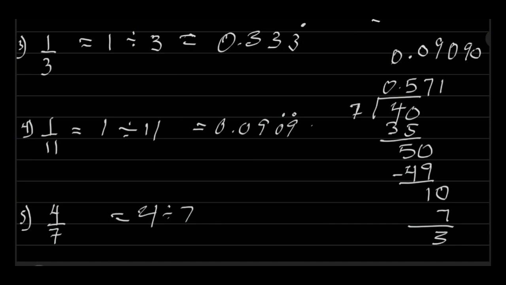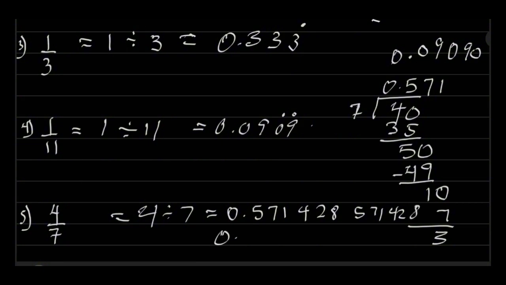We could go on and on and solve this. Let's just put it into the calculator and see what we are going to get. So that is going to give us 0.571428. It will continue at 571428 and so on.